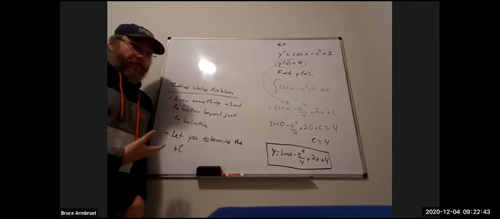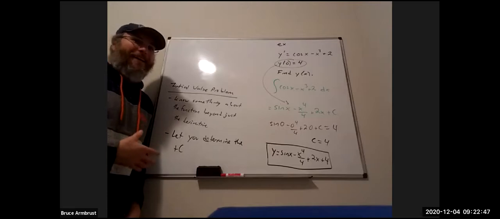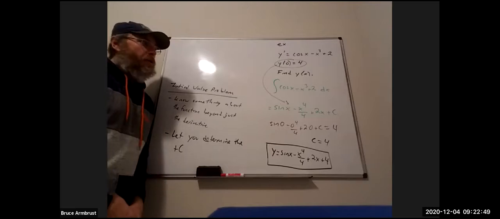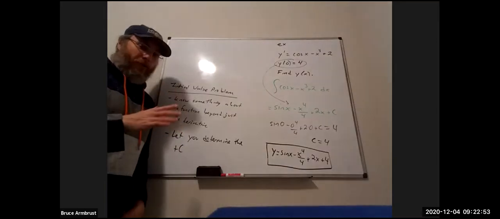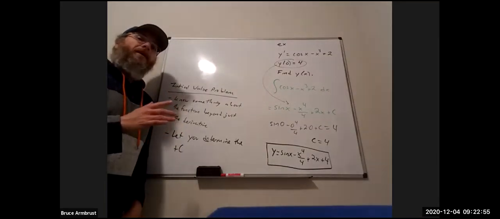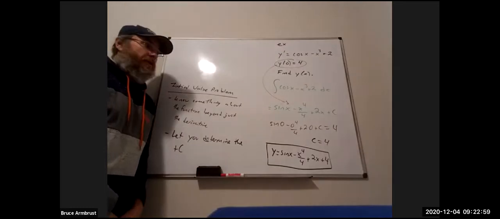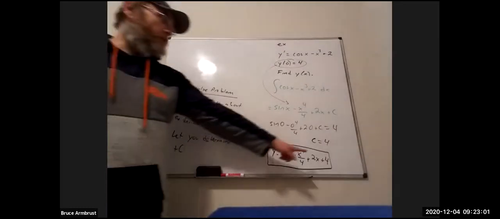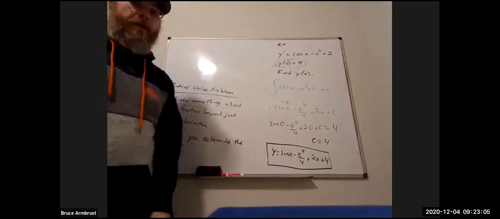The other thing that I want to make sure you realize, because this hasn't happened yet, is that you may have spotted a pattern here, and I want to warn you if you did see that pattern. Notice what the C value was in this case. The C value was 4, which happened to be our initial value.